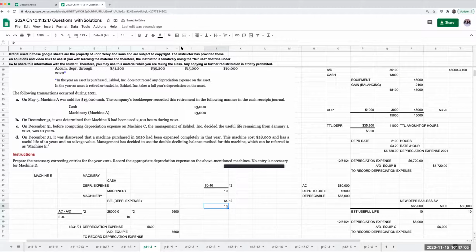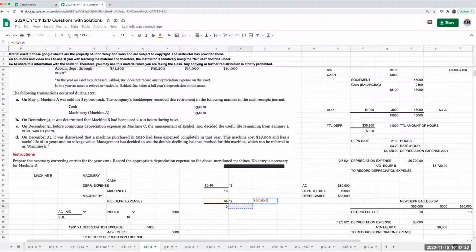So basically this should be 64,000 divided by 10 times 2, or 12,800. So that would be the depreciation expense for this one right over here.